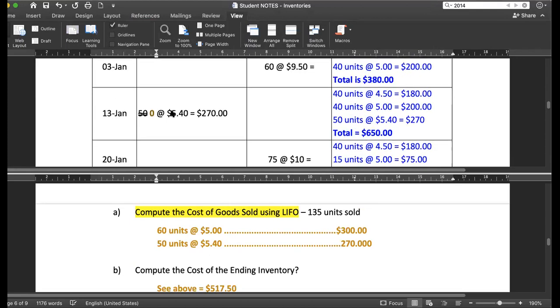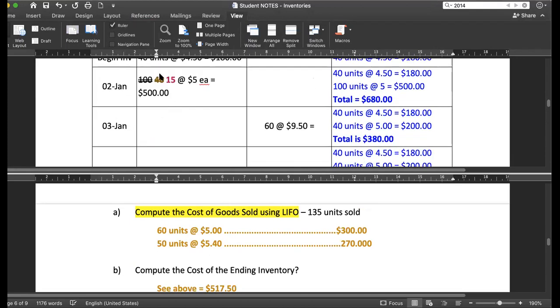Then recall that we took another 25 from the 40 that were remaining from the 2 January sale. So we have 25 units, and they were at $5 each, and that gives us $125.